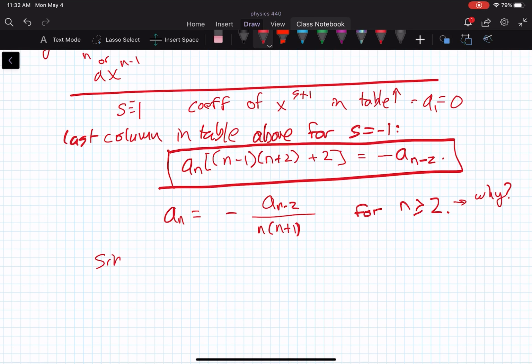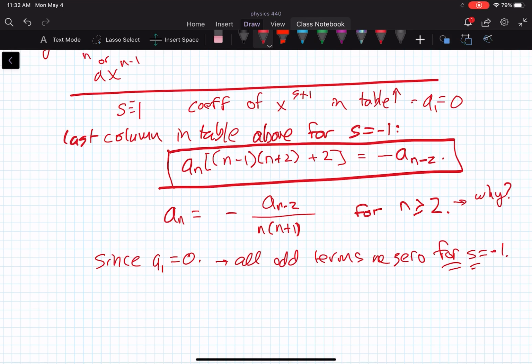Since a sub 1 is equal to 0, that means that all odd terms are 0 for s equals minus 1. That may not be the case for s equals minus 2.